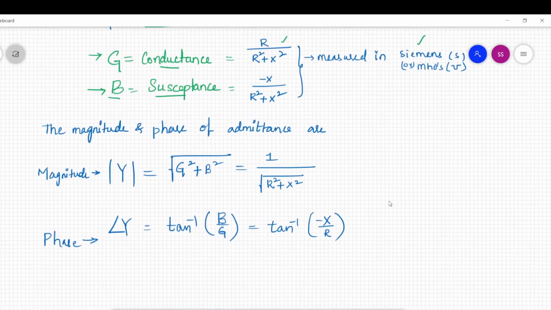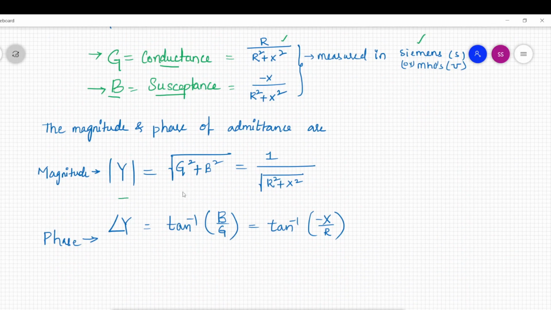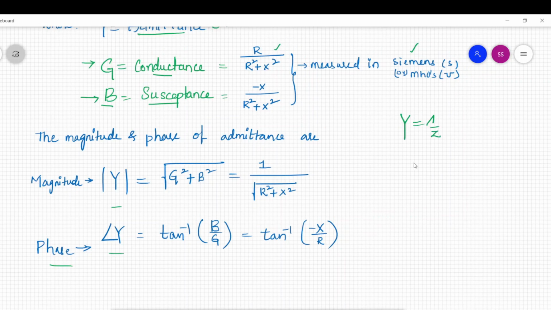Now the magnitude of Y will be the square root of G square plus B square, that is 1 by the square root of R square plus X square, and the phase angle for Y will be tan inverse of B by G, that is nothing but X by R. So these are the few things you need to know: admittance, that is 1 by Z; conductance, that is 1 by R; and susceptance, that is 1 by X. Susceptance will be different for inductor and capacitor: BL will be susceptance for the inductor, and BC will be susceptance for the capacitor.